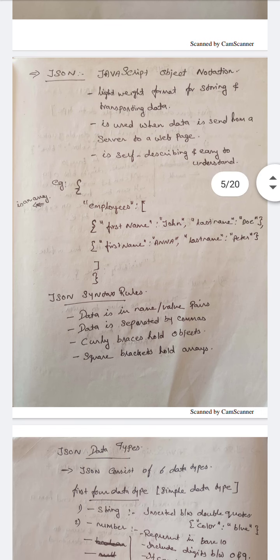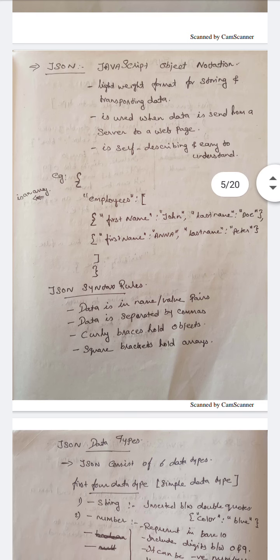The key is a string, first name, quoted in double quotes, then colon, then John. It is also a value for that key. That first name holds the value John.